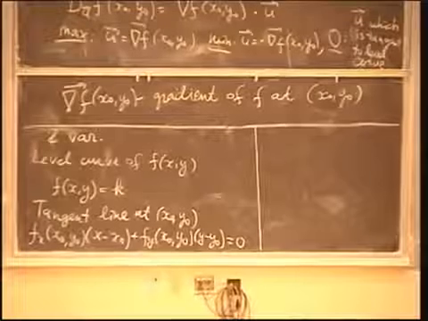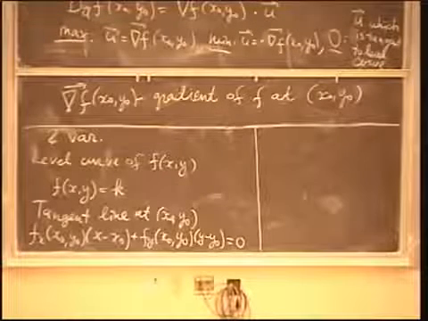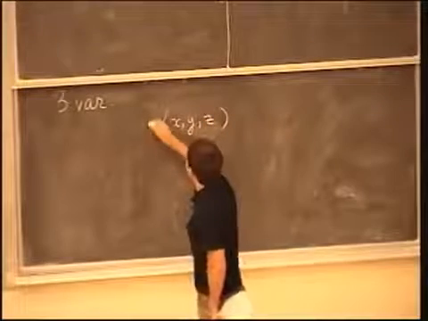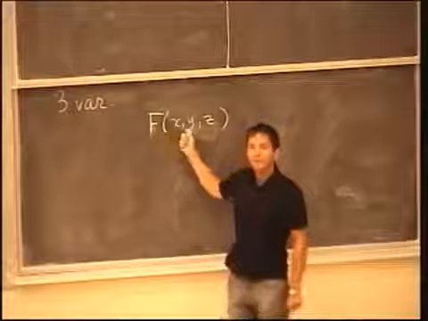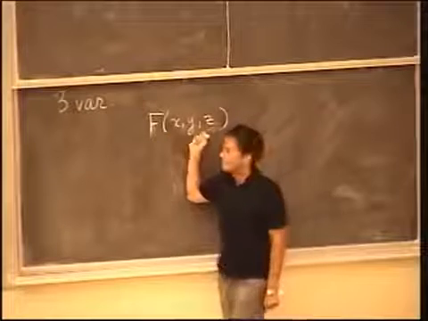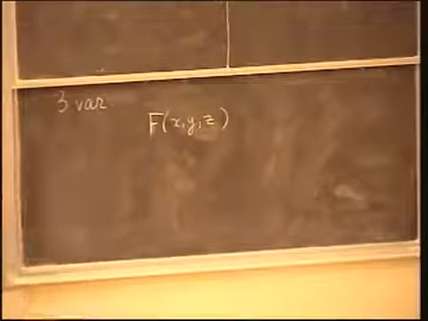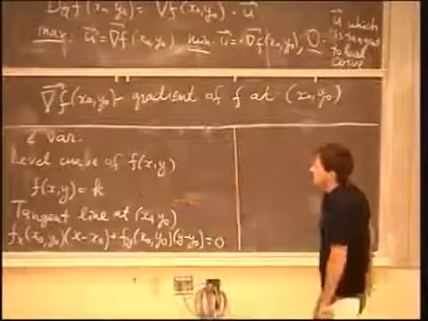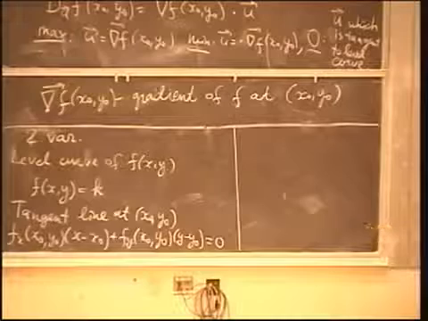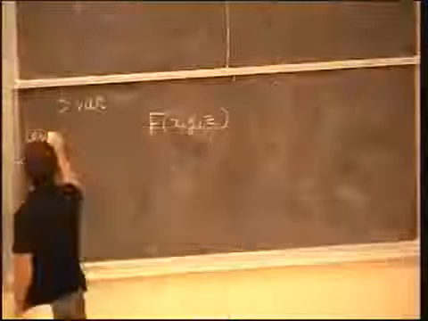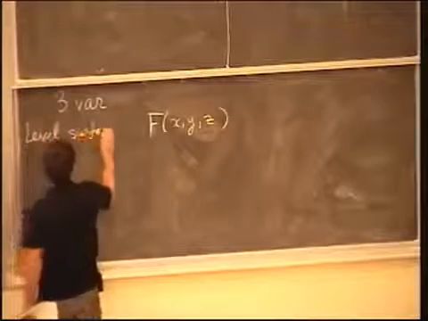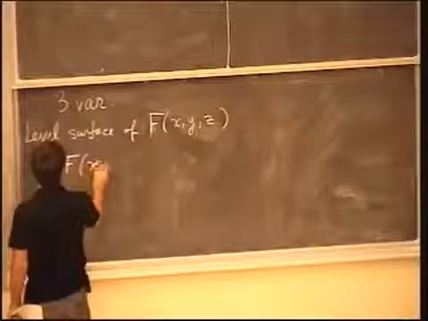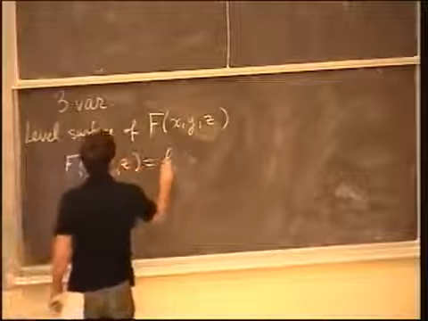In the three-variable case, we would want to take, instead of a function in two variables, f of x, y, a function of three variables x, y, z, maybe capital F. And by analogy, we would have to look at the level, but not curve, now level surface, of this function. And so that would be F(x, y, z) equals k.